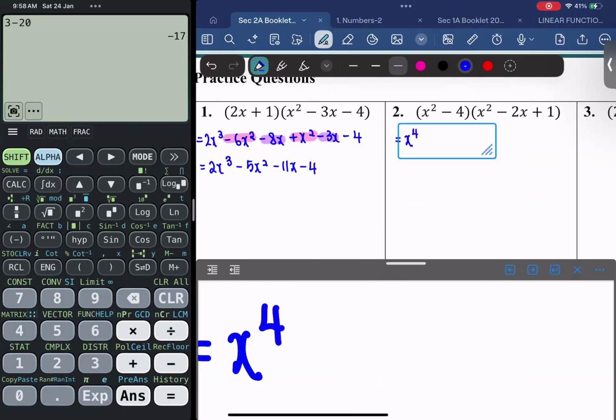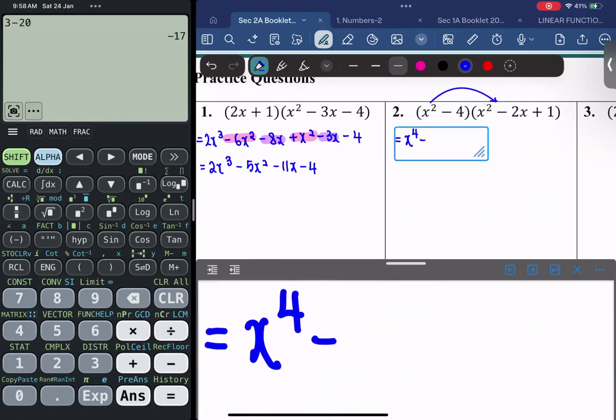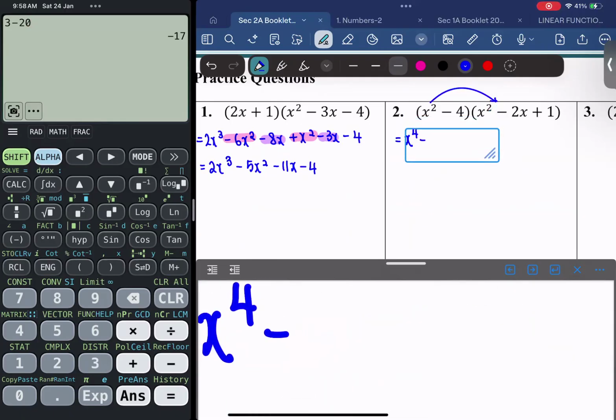Good. X to the power of 4. Minus, yes, correct. 2x cubed.